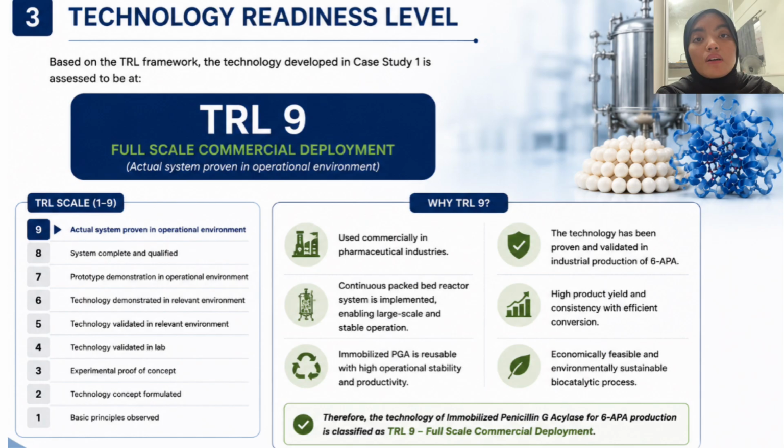The immobilized penicillin G acylase process qualifies for this level because it has already been adopted by the pharmaceutical industry for commercial production of 6-APA. It also demonstrates reliable long-term operation, consistent product quality, and strong economic performance, making it a mature and commercially successful technology.